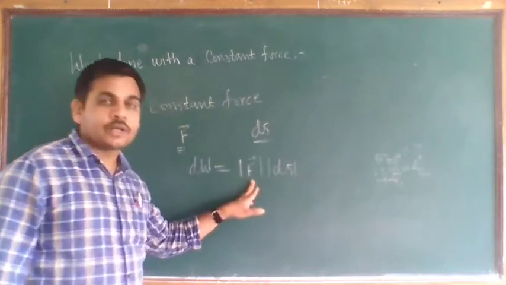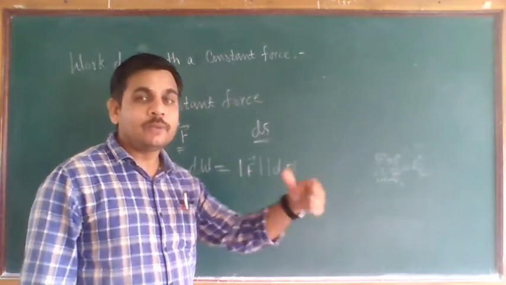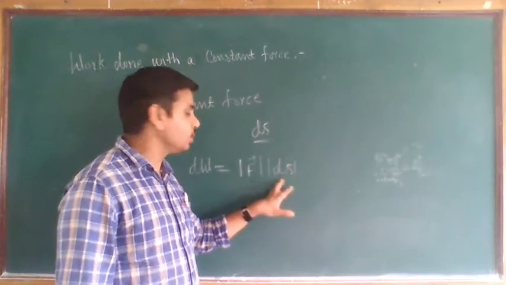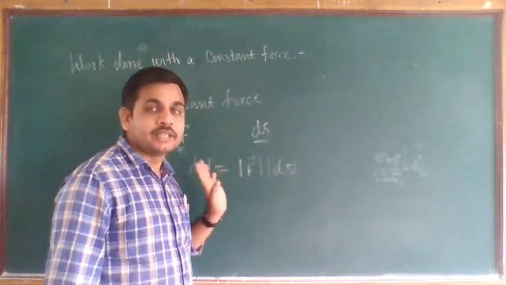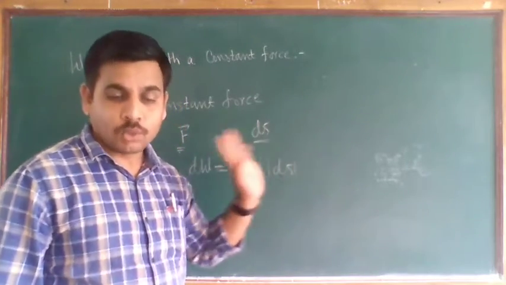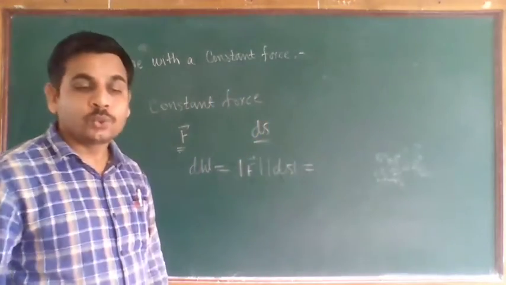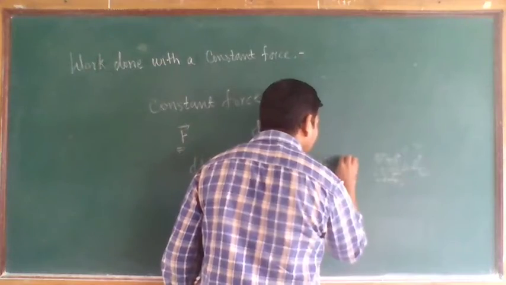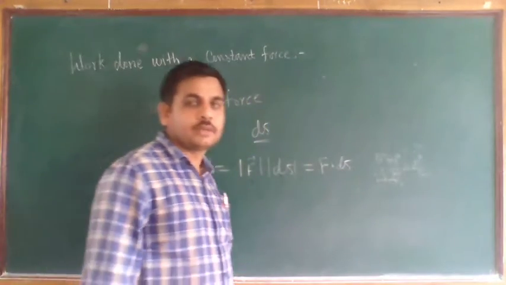So this is the magnitude of the applied force, and the body is displaced with a small distance ds. This is the product of the magnitude of the force and the distance covered by the body, F into ds. So this is the work done on that body.